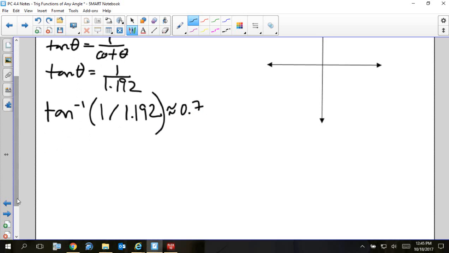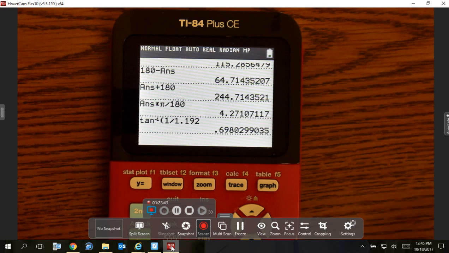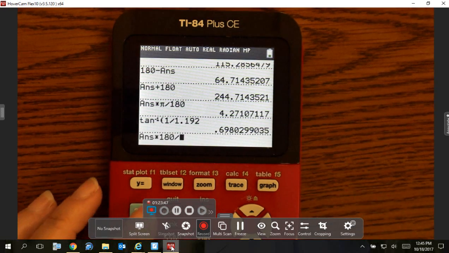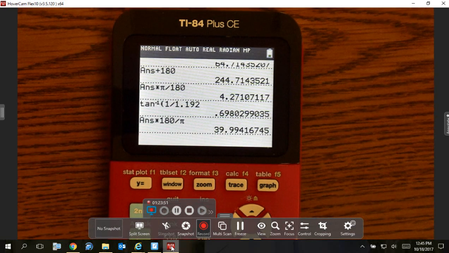I should find my degree. Multiply by 180 divided by pi. About 40 degrees. 39.99, about 40 degrees.